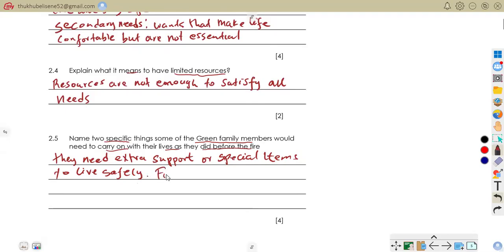So, for example, we can now talk of safety and security. We can talk of primary health care.